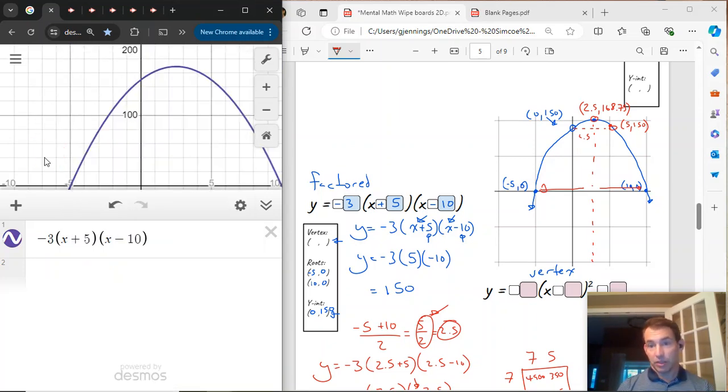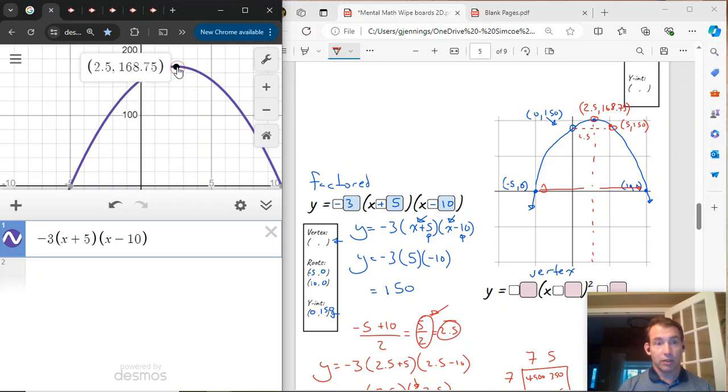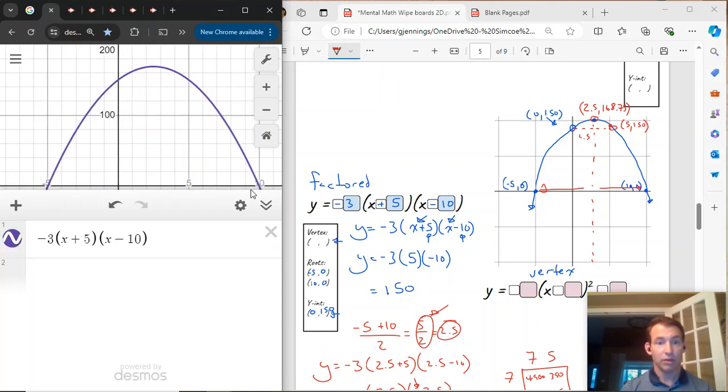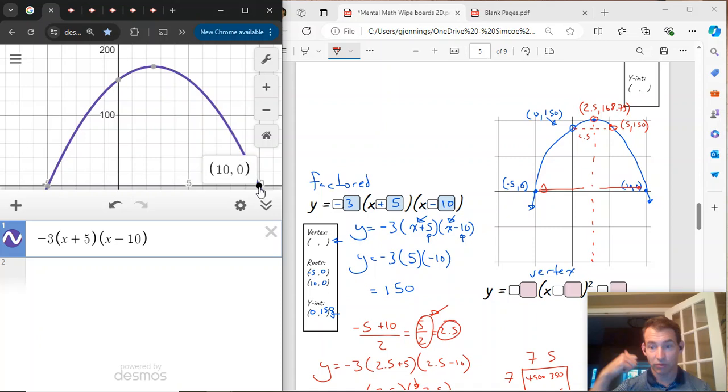That looks pretty similar to what we have over there, doesn't it? 168.75, good. We have this point here, (0, 150), and (5, 150), cool. And then we've got that, and we definitely have that. So we're very satisfied with our sketch.